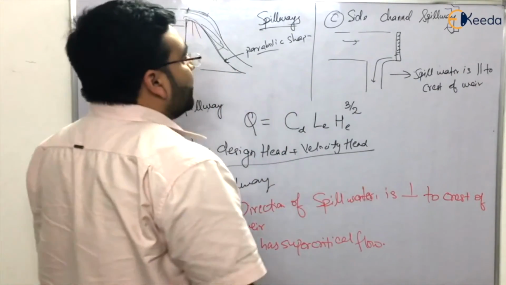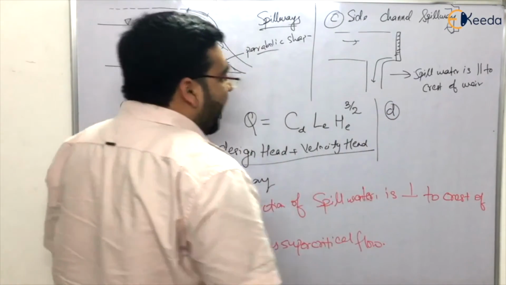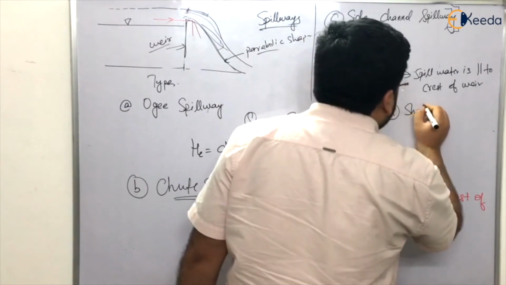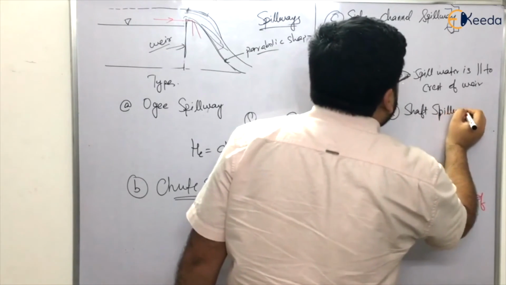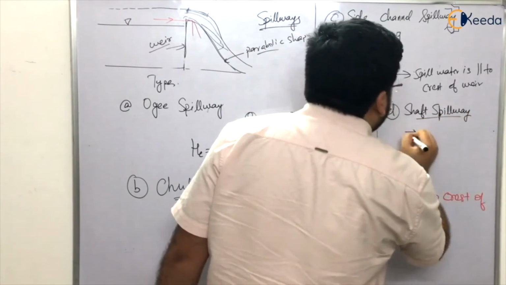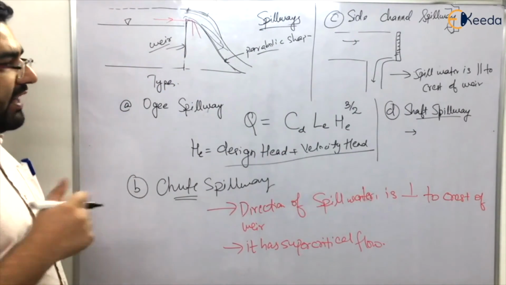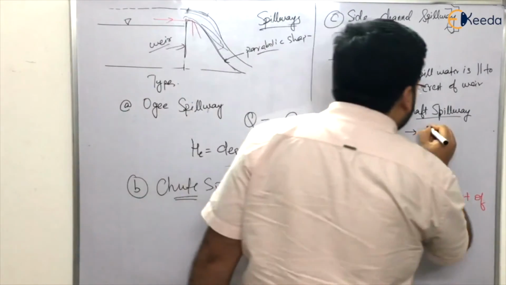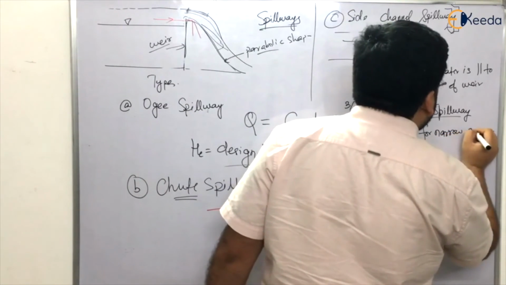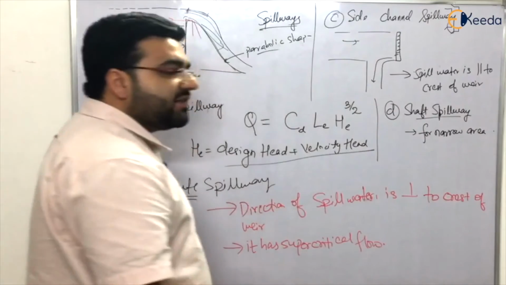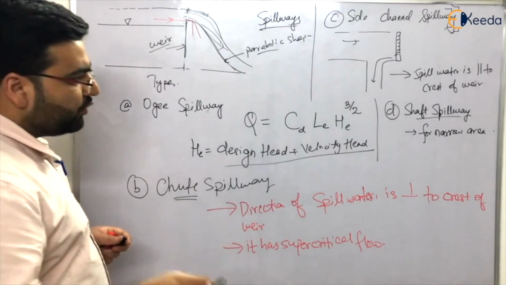The last type of spillway is known as the shaft spillway. A question that has been asked in examinations is in which condition the shaft spillway is used. When you have a very narrow area, we have some shafts, and from those shafts the water is spilled to some other place.